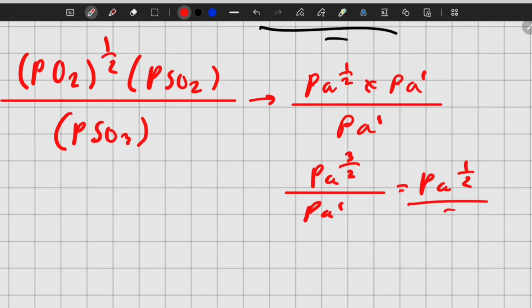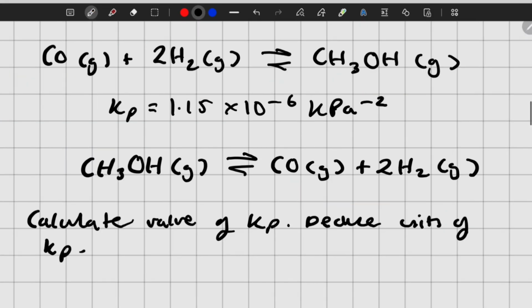So that's your units. Okay, here's another question I got from an exam paper. They give us this equation: 1 mole of carbon monoxide plus 2 moles of hydrogen gas to 1 mole of methanol. The value of Kp they give us is 1.15 times 10 to the power of minus 6.